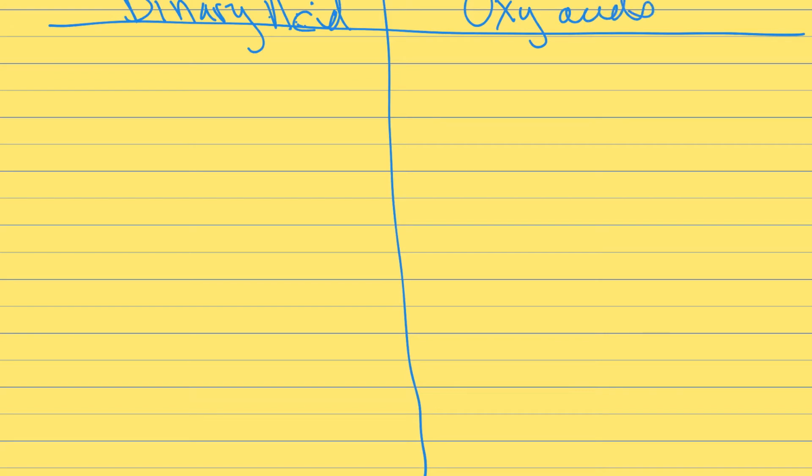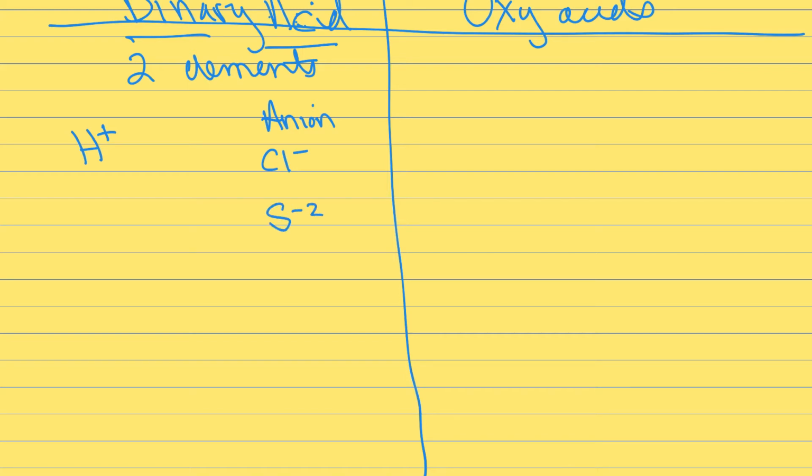So let's start with the binary acids. Binary means two. So this literally means there's two elements in the acid. We know one of them is going to be an H. So the other one is going to be some type of anion. For example, I can think of anions like Cl minus, sulfide ion, phosphide ion, all right, just to give you three of these.